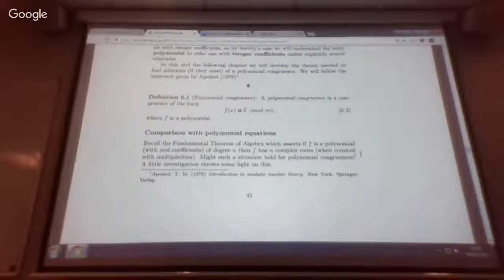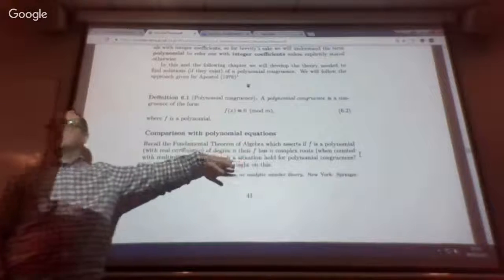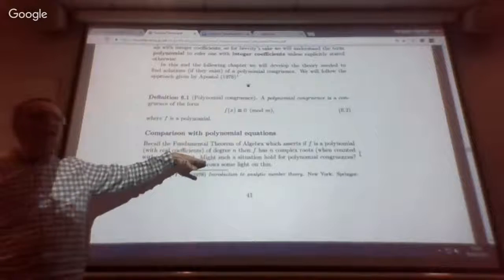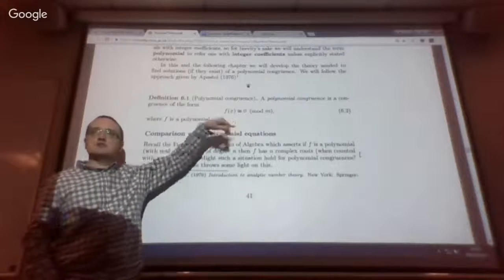So our first task will be to have a quick look at some examples because we might hope that, if the fundamental theorem of algebra is true for solving polynomial equations, maybe there's a very similar result for polynomial congruences. Okay.